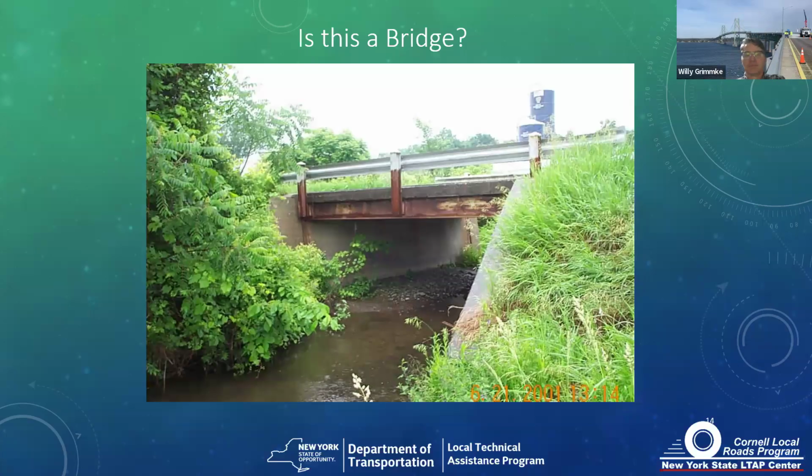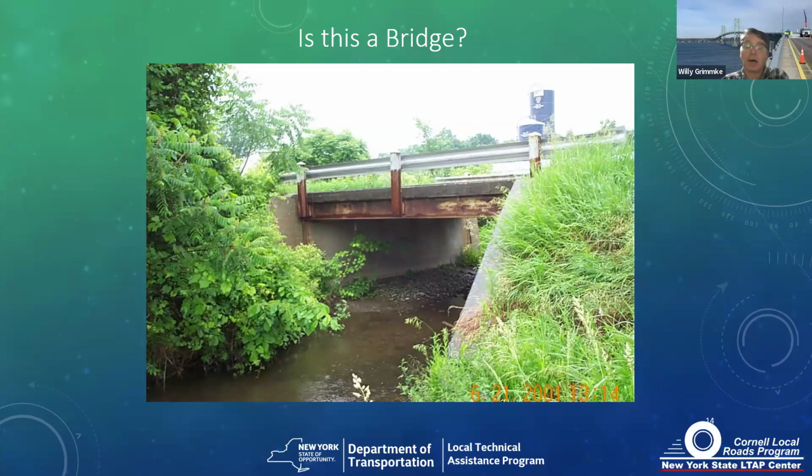So, is this a bridge? And again, I'll put this in the general category of it depends, and it depends on the definition you're using. By the court definition, it's definitely a bridge because it's got beams that are supported by abutments.